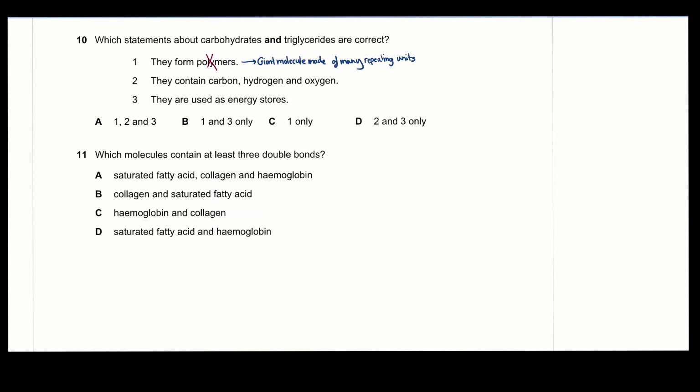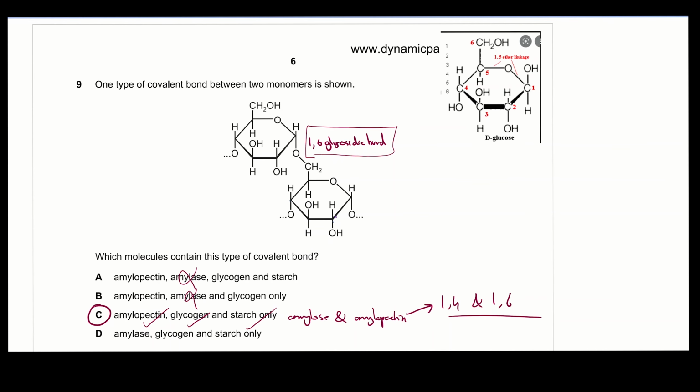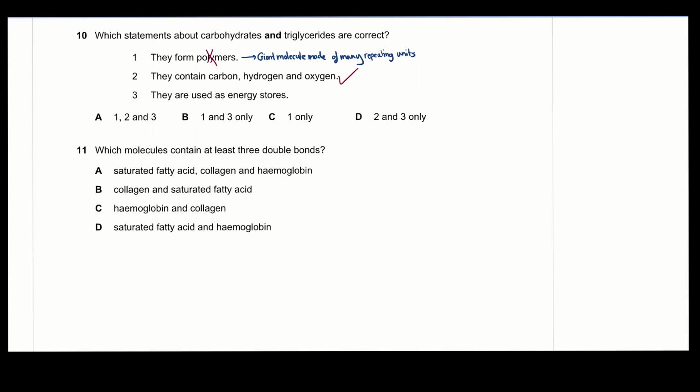So 1 is incorrect. 2, they contain carbon, hydrogen, and oxygen. This is correct. Going back to the drawing here, we could see that glucose contains oxygen atoms, so 2 is correct. For 3, they are used as energy stores. This is correct for both carbohydrates and triglycerides, so the answer is going to be D.